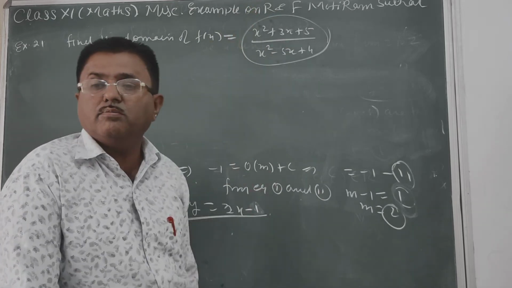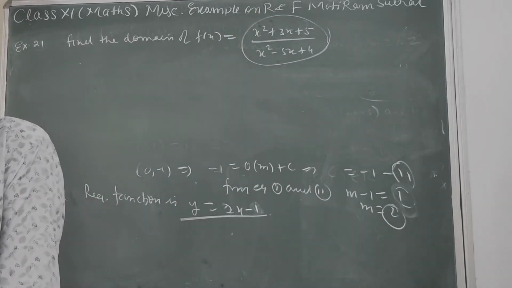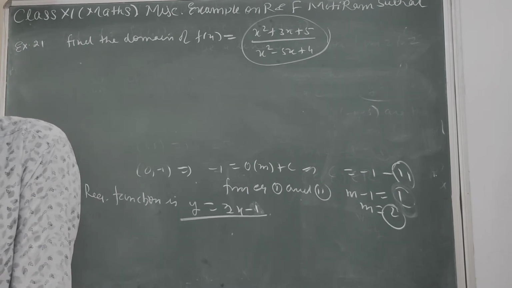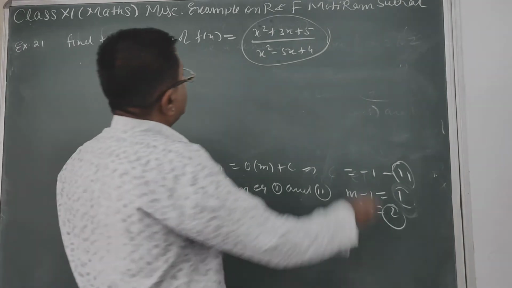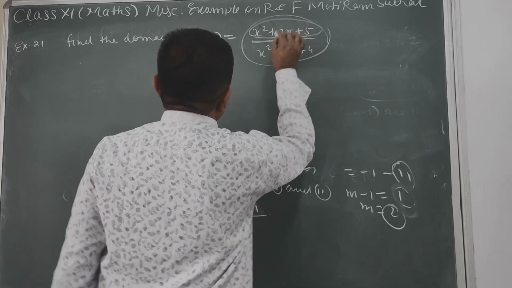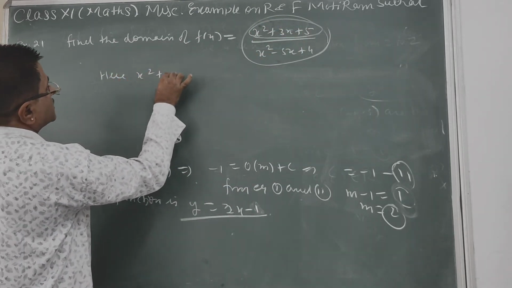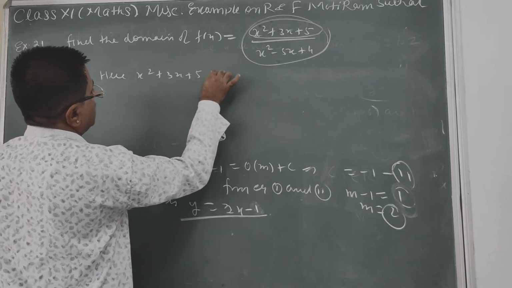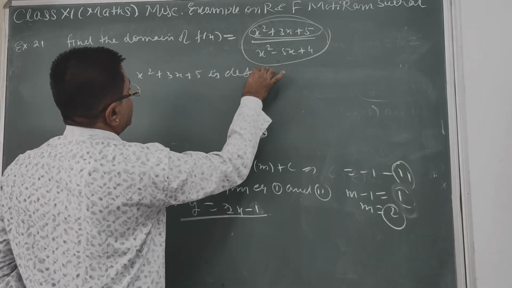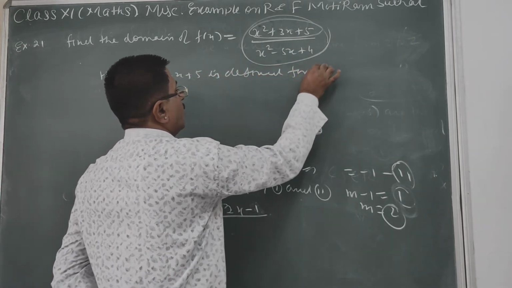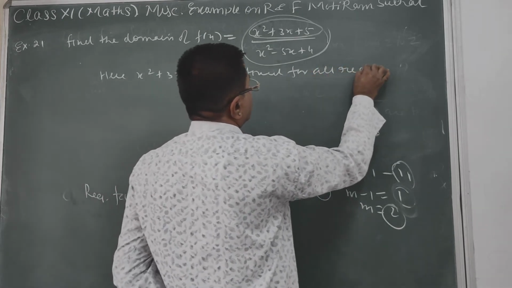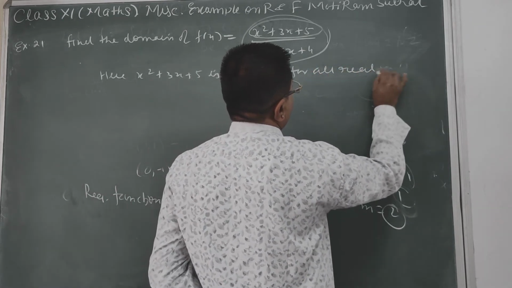Numerator is a polynomial and denominator is also polynomial. अब numerator is defined for all values. Here x square plus 3x plus 5 is defined for all real numbers.